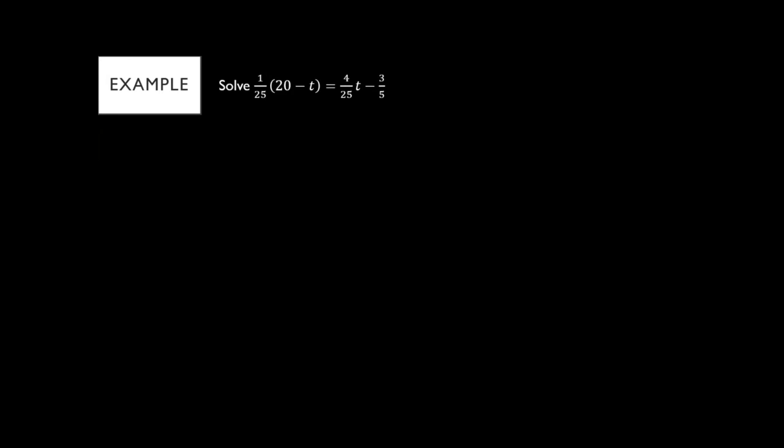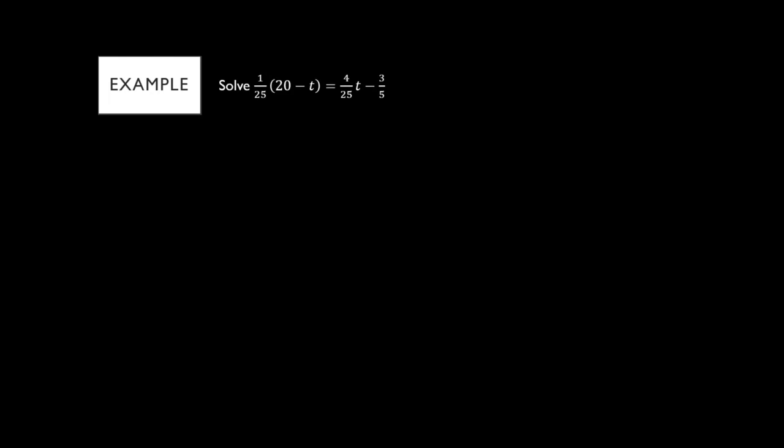So these, I knew were going to take more steps. So I gave myself the entire screen here. So here we've got 1/25 times 20 minus t equals 4/25 minus 3/5. Now, when you're trying to get rid of fractions, you need to distribute before you get rid of fractions, because you might make an error.